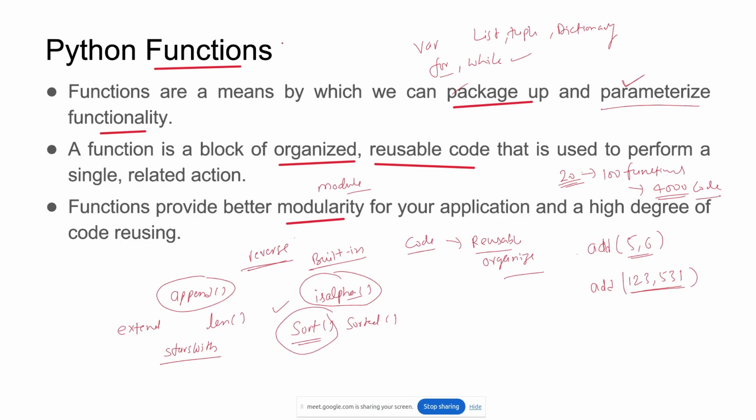Functions will help us with organization at a certain level. After that, for organizing, we can also use modules, packages and libraries. We will see in upcoming sessions how to create modules and packages. Right now, at the simplest level, we will use functions.